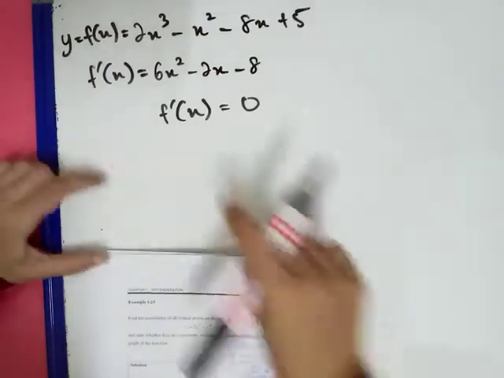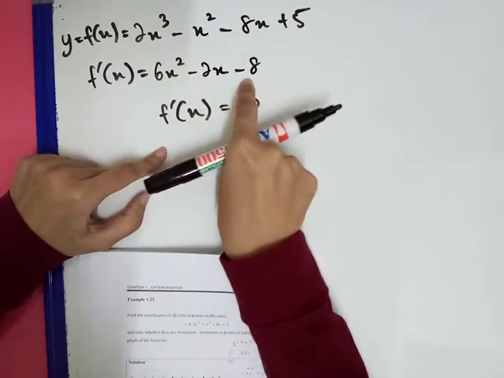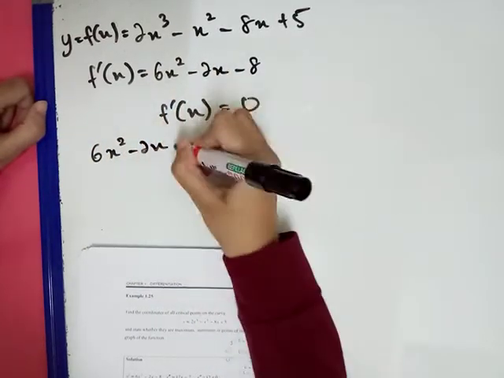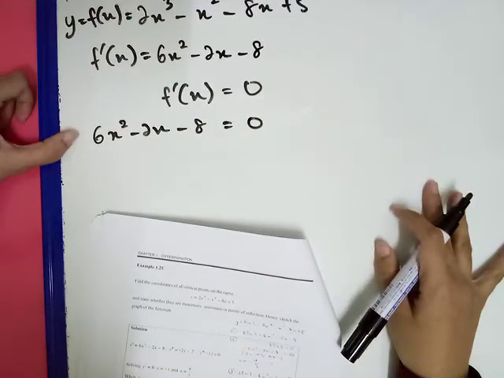Okay, and then we know that f prime x is 6x square minus 2x minus 8. So 6x square minus 2x minus 8 equals 0.